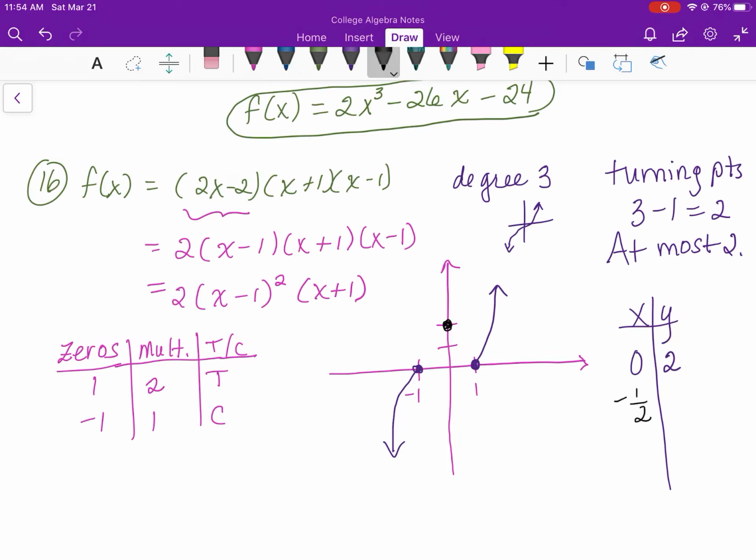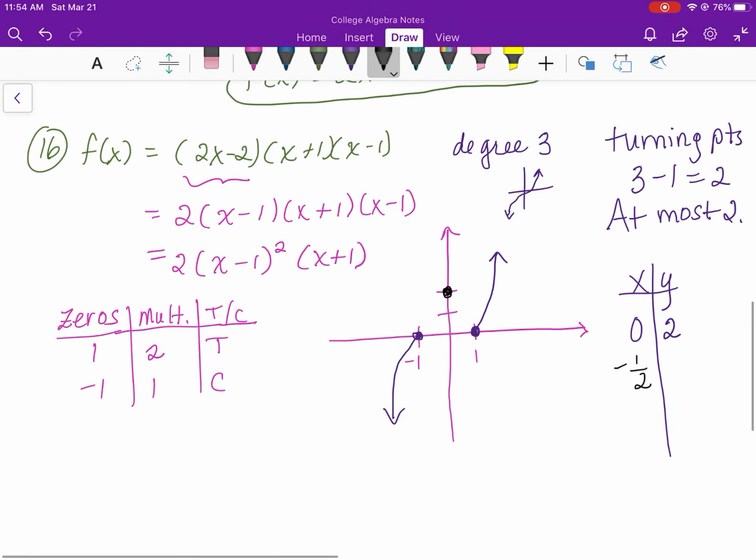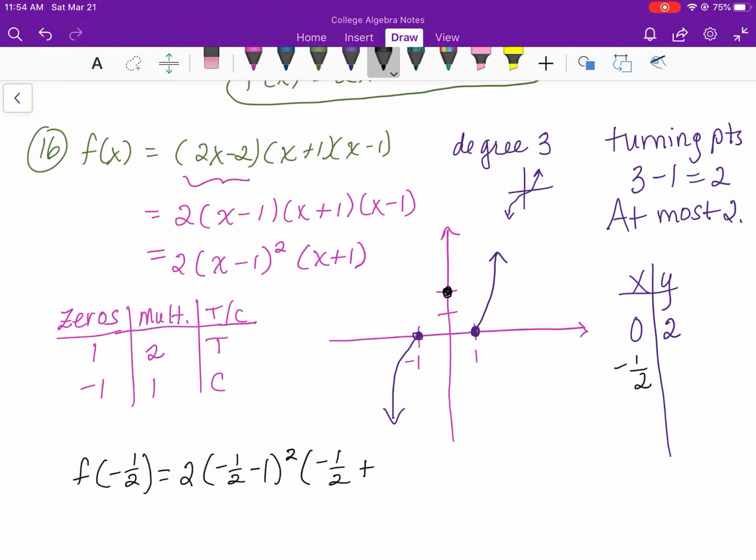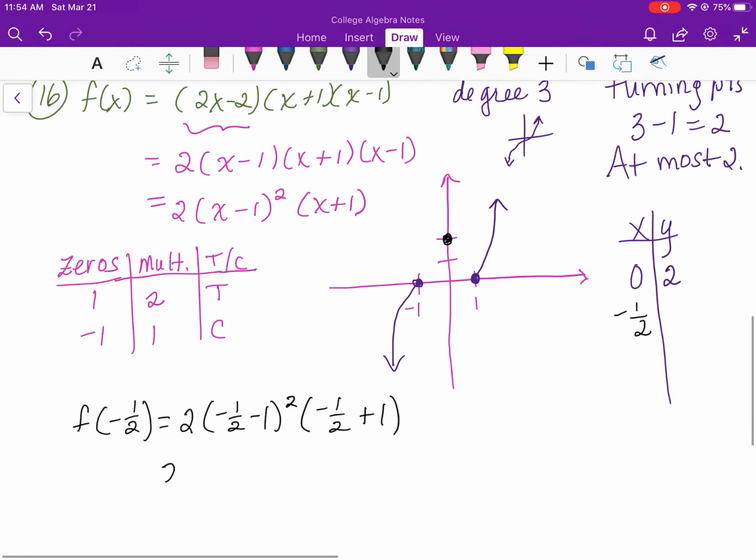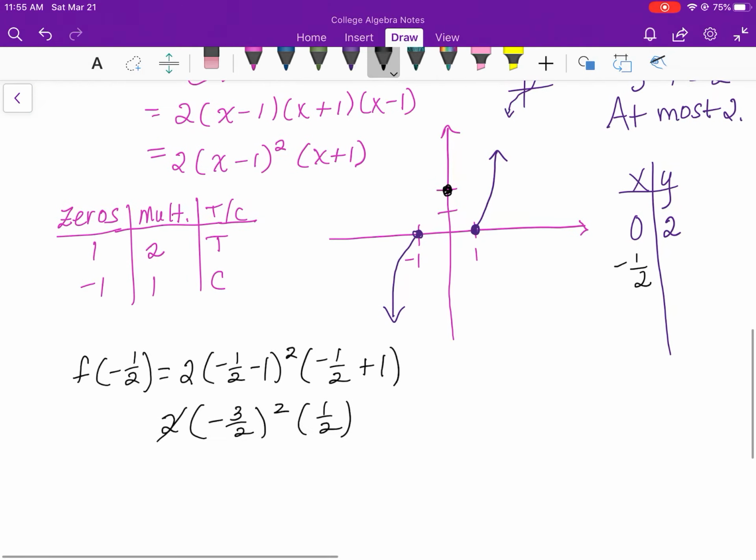negative 1/2. Okay, that's going to take me a little bit of time here. So f of negative 1/2 is 2 times negative 1/2 minus 1 squared, times negative 1/2 plus 1. So 9/4. So that's 2 1/4.